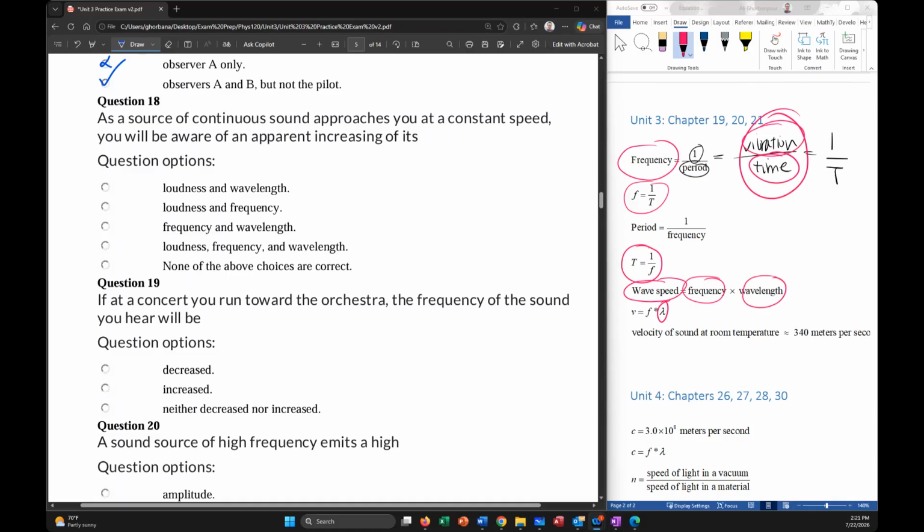None of the above choices are correct. So this is a Doppler effect. We know that the frequency and lambda will change. If the source is moving toward you, the frequency increases, but the frequency and wavelengths are inversely related to each other. So the wavelengths decrease. If the source is moving away from you or you are moving away from the source, the frequency decreases and the wavelengths increase. So the frequency and the wavelengths will have the opposite behavior.